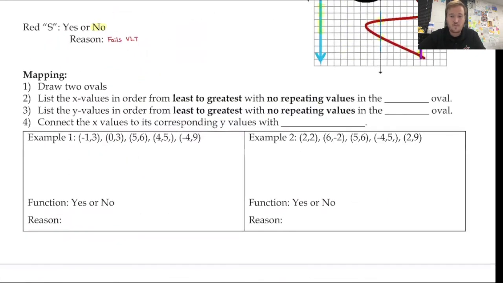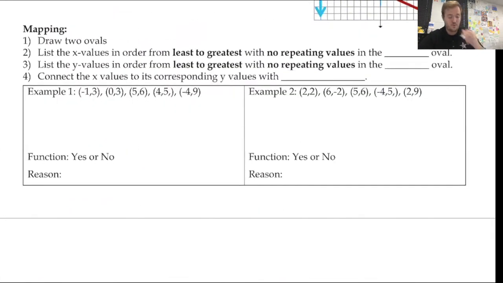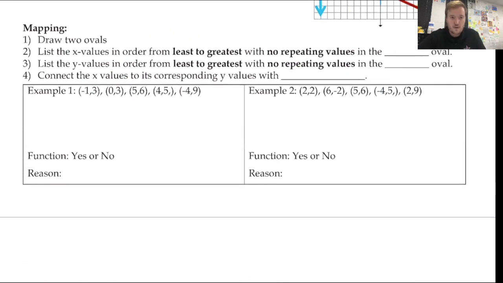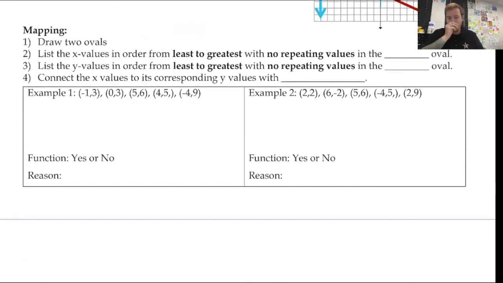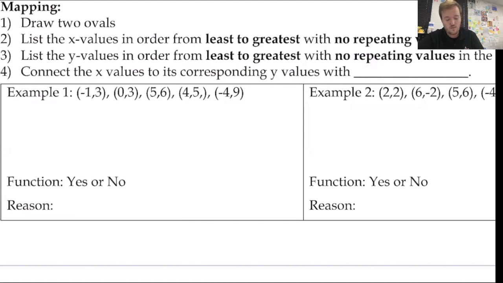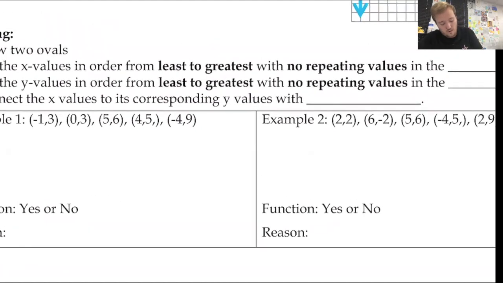All right, so now we're going to move on to mapping. Mapping is what's probably new, and just as mentioned before, there are a few things we have to go over. Whenever you're doing mapping, it works out of 2 different distinct ovals. When you're writing your values, the X values go in the left oval, and they must be in order from least to greatest with no repeating values.